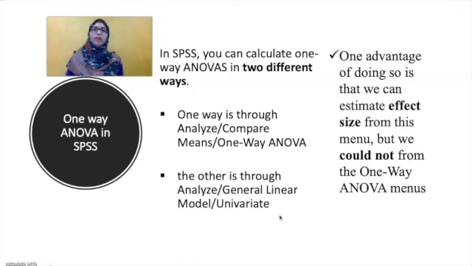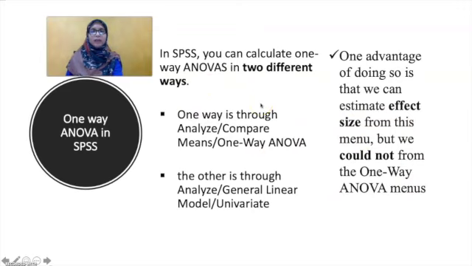One advantage of doing so is that we can estimate effect size from this menu, but we could not from the One-Way ANOVA menu. So there's one advantage of using Univariate over One-Way ANOVA, because in Univariate you can test the effect size, but in One-Way ANOVA you cannot.